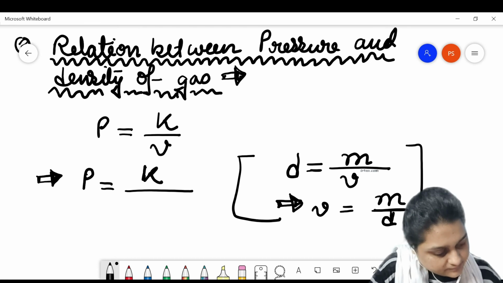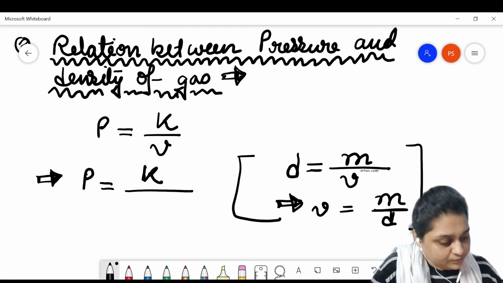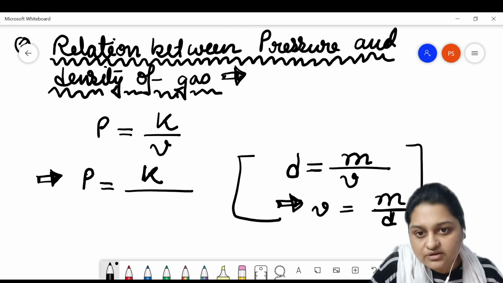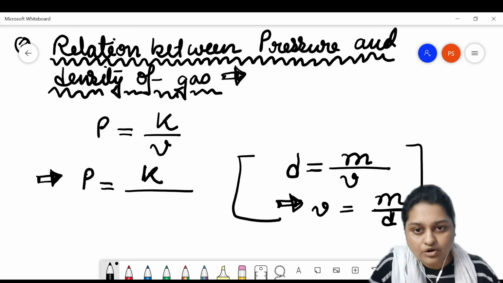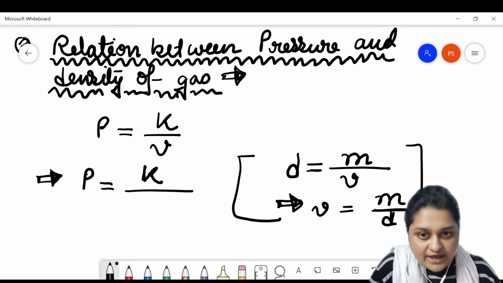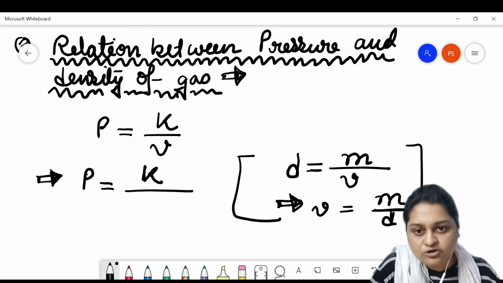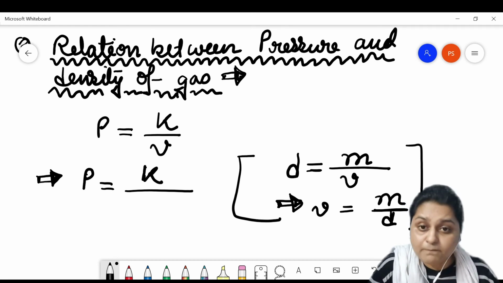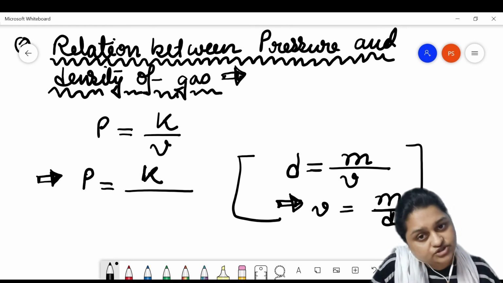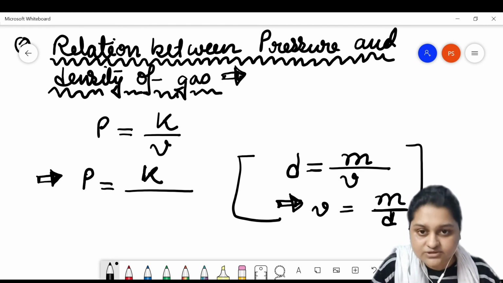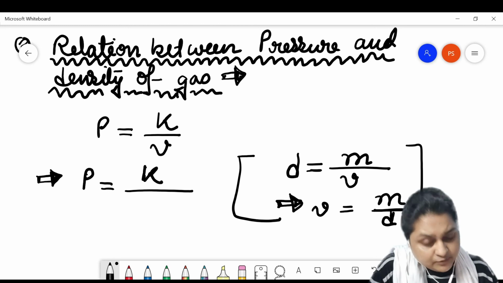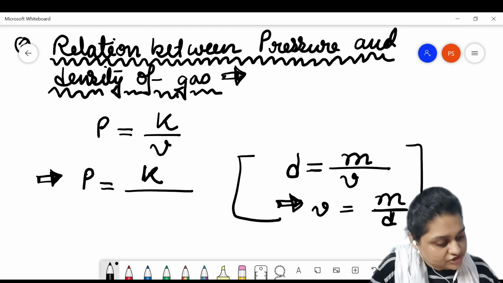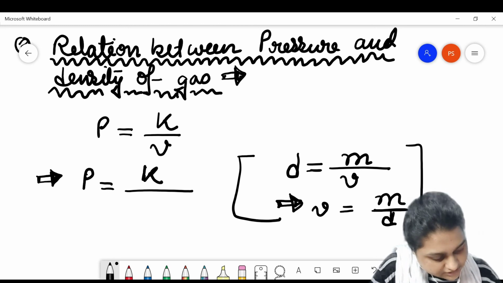Now, we are observing this law in a closed environment. We have taken the number of moles, the amount of gas, constant, therefore the total mass of the gas is going to be constant. So the mass M is constant for this Boyle's law observation. So I'm going to replace the V in the equation with m by d.